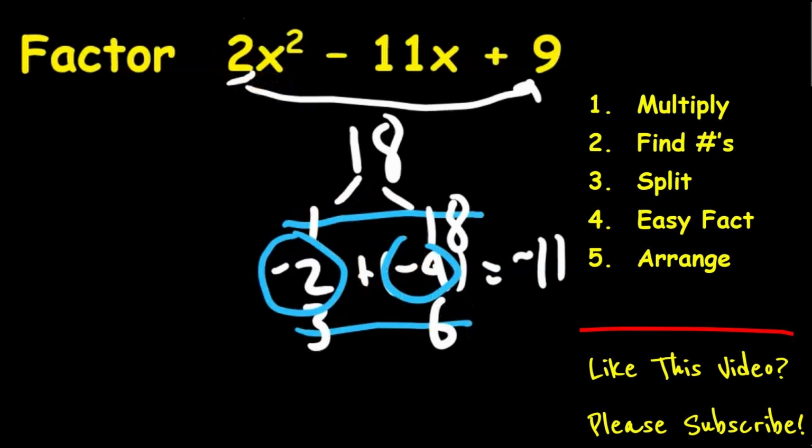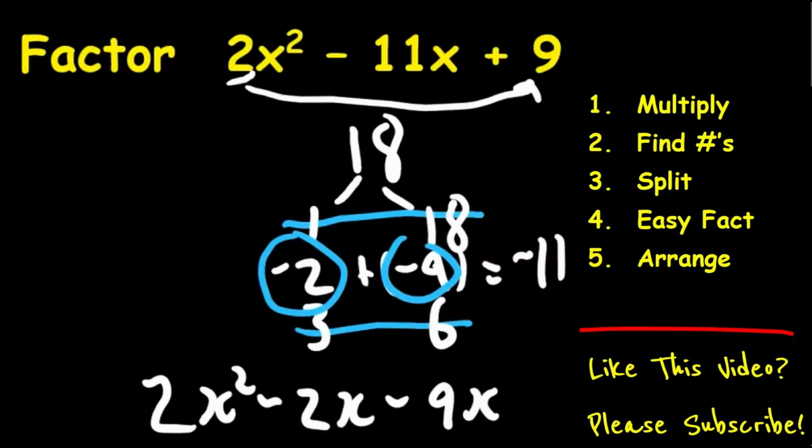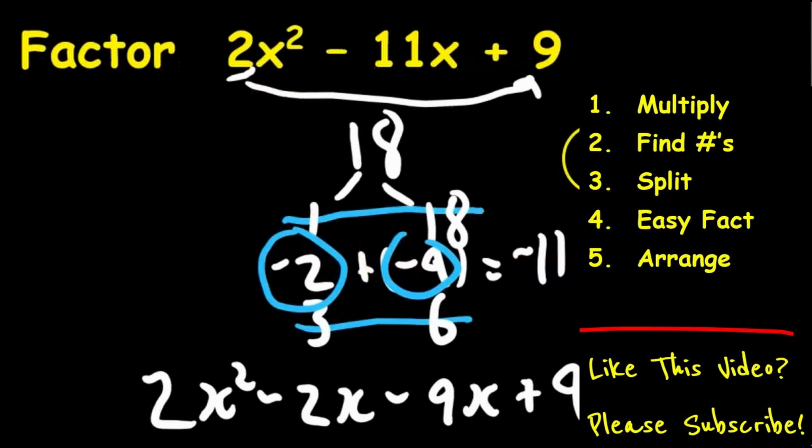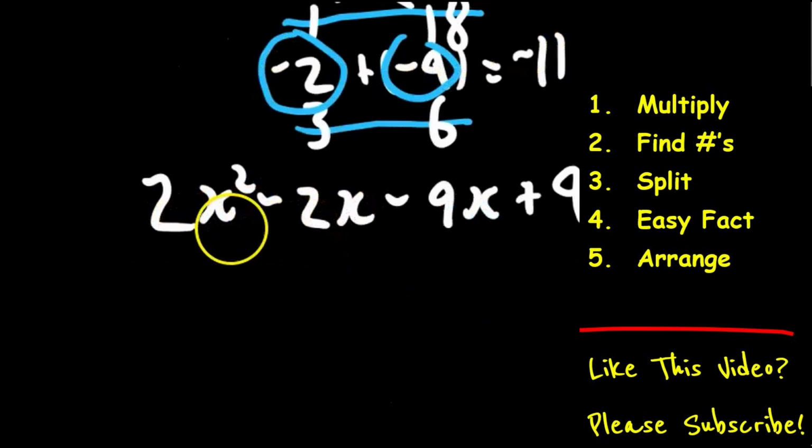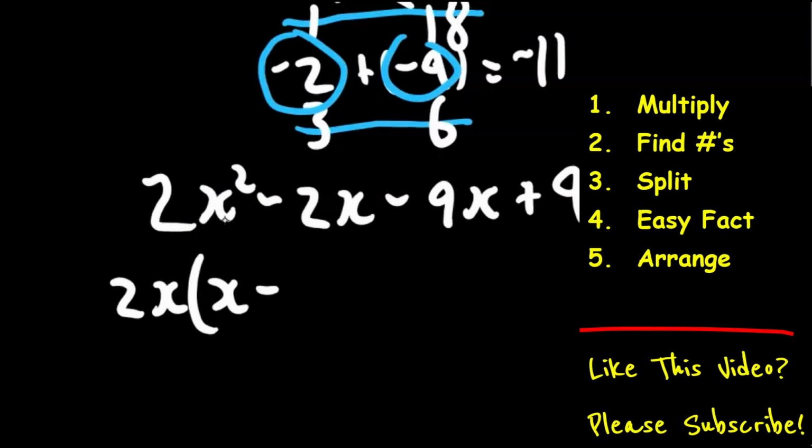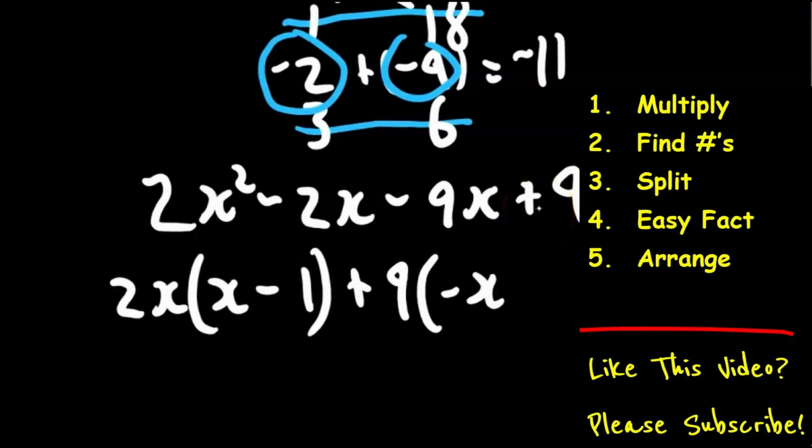So next step, we'll split it up. So we get 2x squared minus 2x minus 9x plus 9. Now for our easy factoring, we look at the first two terms and pull out what's common. So 2x is the greatest common factor here, and we're left with x minus 1. And now if we just pull out a 9 in these next two terms, that would give us negative x plus 1, we're not the same, right?